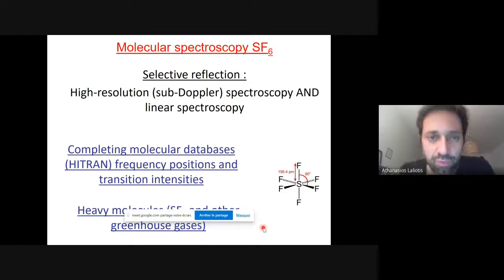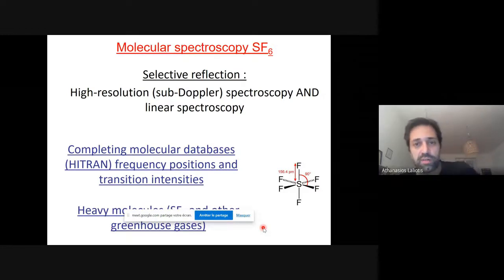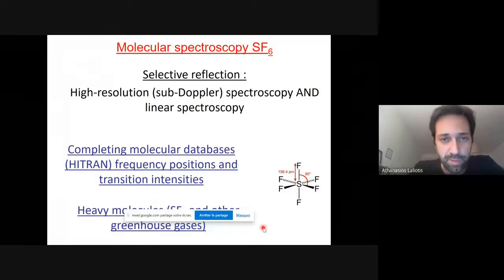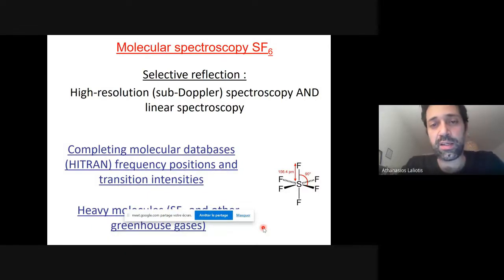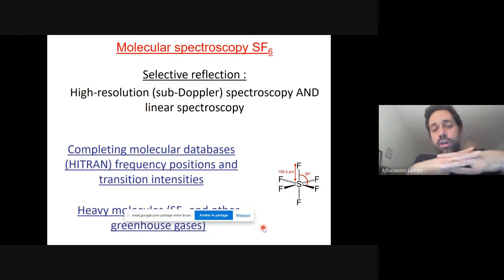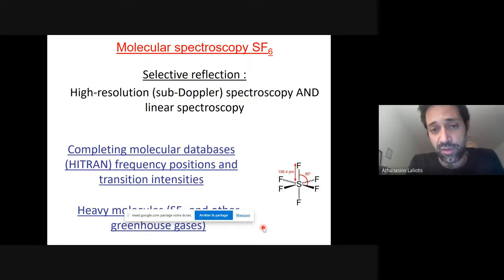Okay, I'm talking a lot about molecule-surface interactions, but I'd like to make a small parenthesis here and tell you something interesting we found. We actually think that our setup can also be used for other interesting applications that concern molecular spectroscopy, because it can give information on molecular transitions.